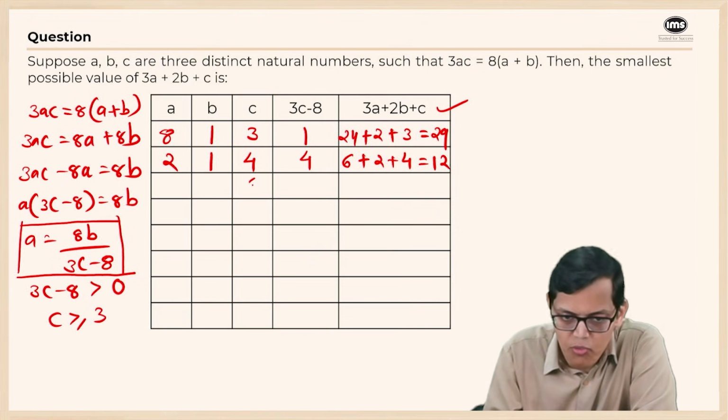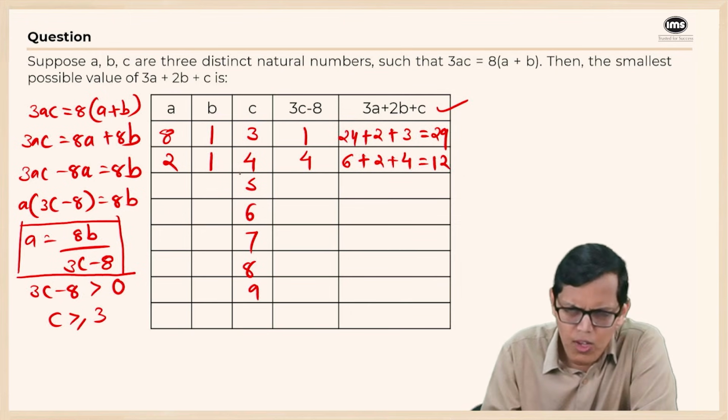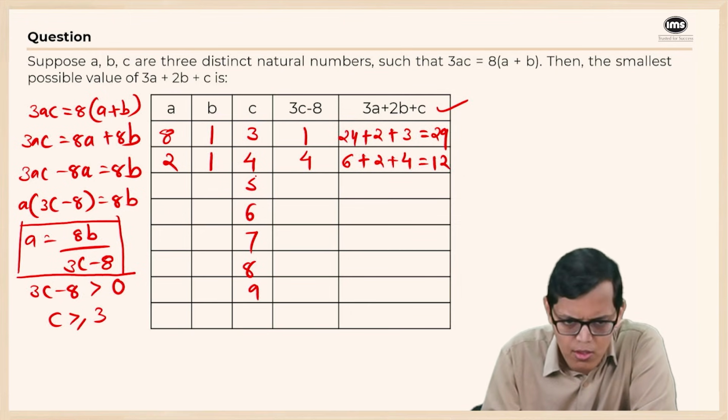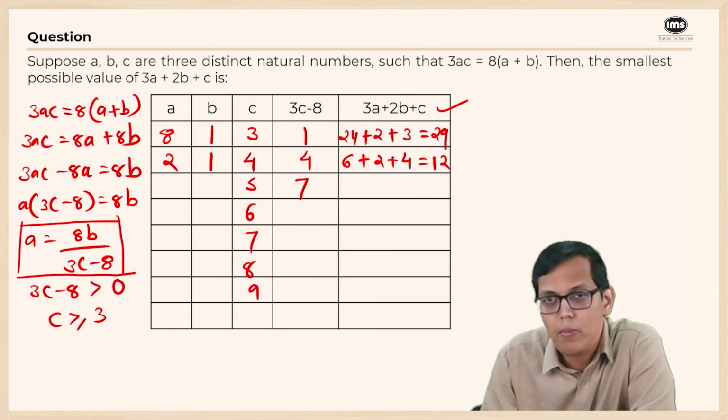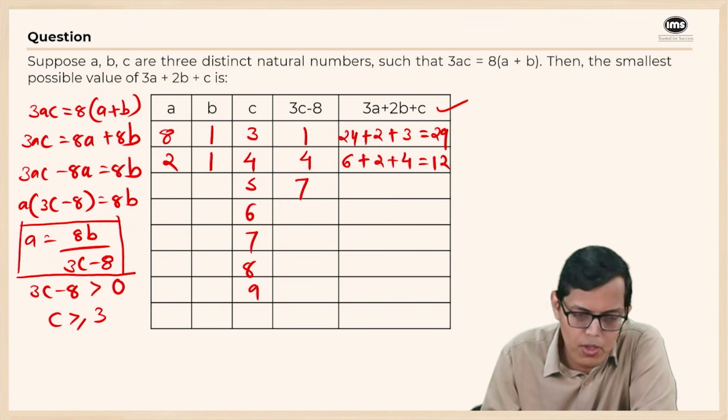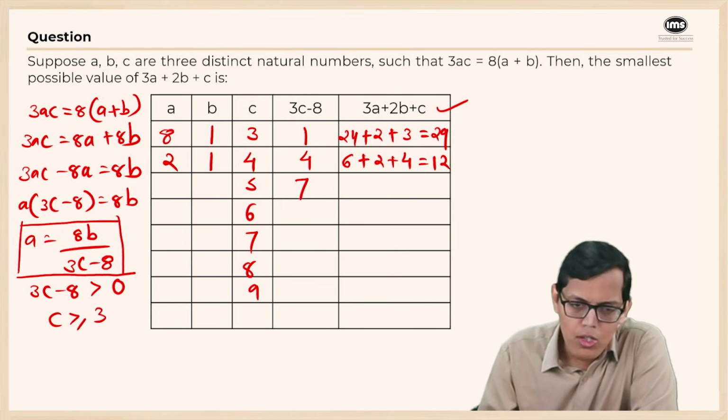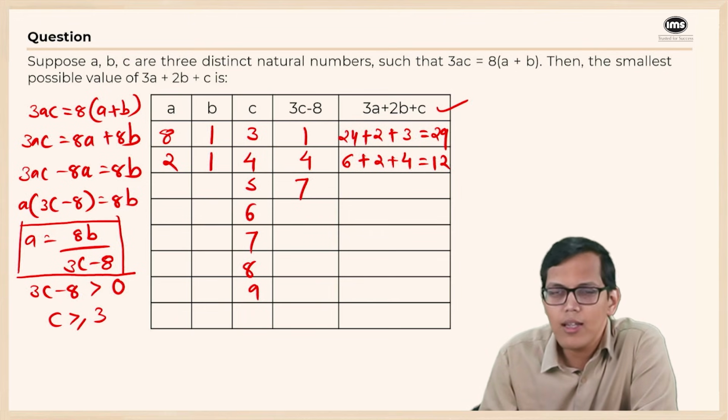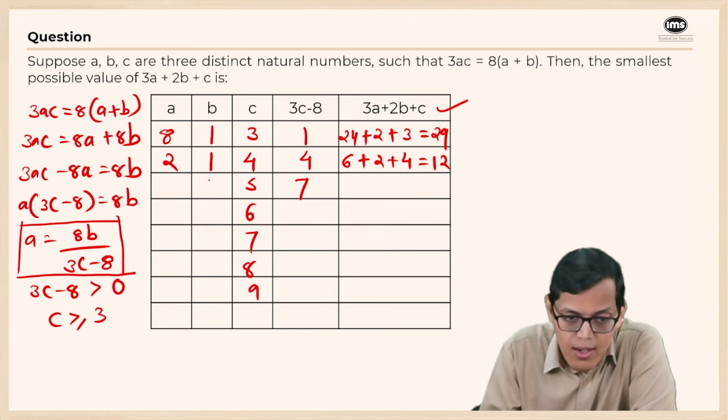Now we should try putting 5, 6, 7, 8, 9. But wait, why should we entertain all the values? 5 when put in place of C would create 15 minus 8, 7 as the value of 3C minus 8. Now please understand, 7 as a denominator is not a good denominator. To be able to create an integer A, B has to be at least 7.